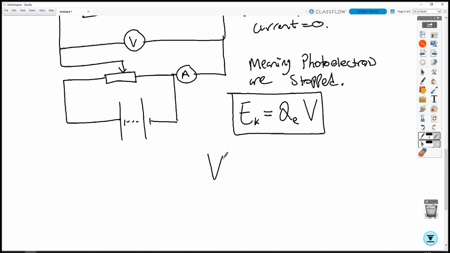So we'll call that Vs, measured in volts. So if you wanted to find the kinetic energy of those electrons, because we can't measure their mass, because we can't measure them directly, we can use QV and get their kinetic energies.